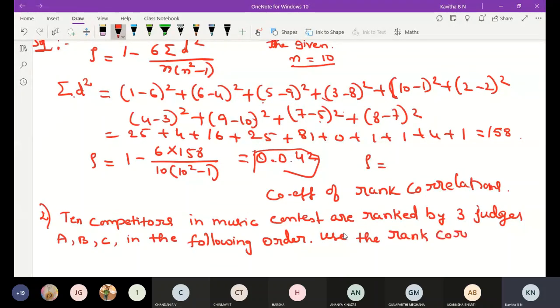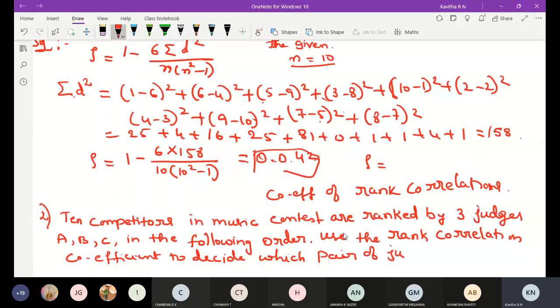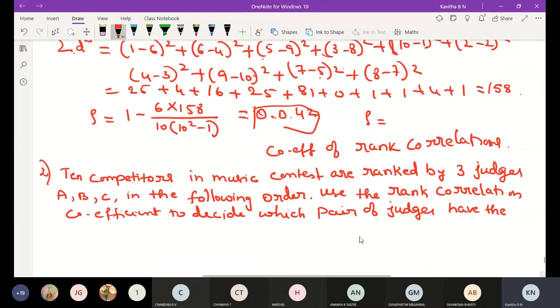Use the rank correlation coefficient to decide which pair of judges have the nearest approach to common taste of music.